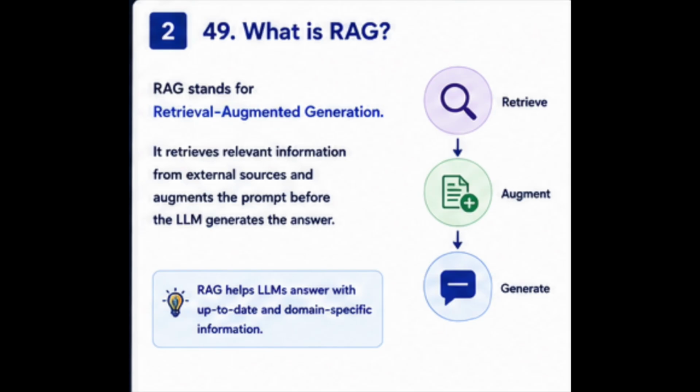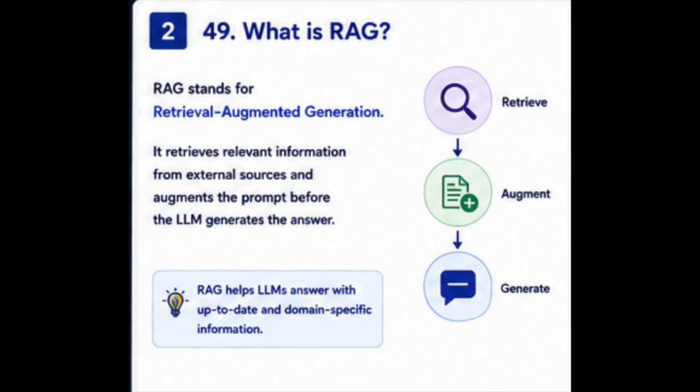What is RAG? RAG stands for Retrieval Augmented Generation. Instead of depending only on the knowledge already present inside an LLM, RAG allows the application to retrieve relevant information from external documents and provide that information to the model before generating an answer. Imagine a company has thousands of internal documents.